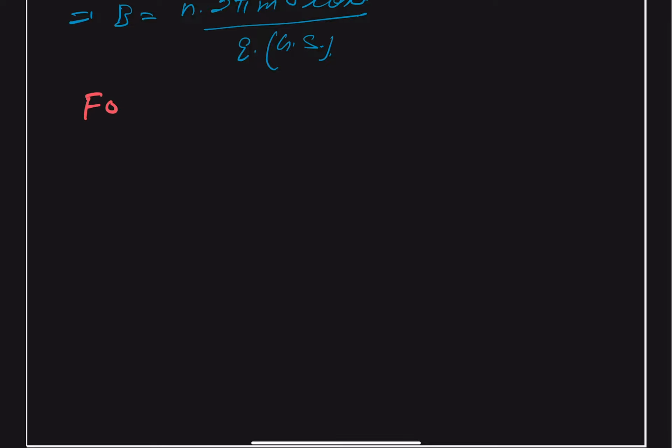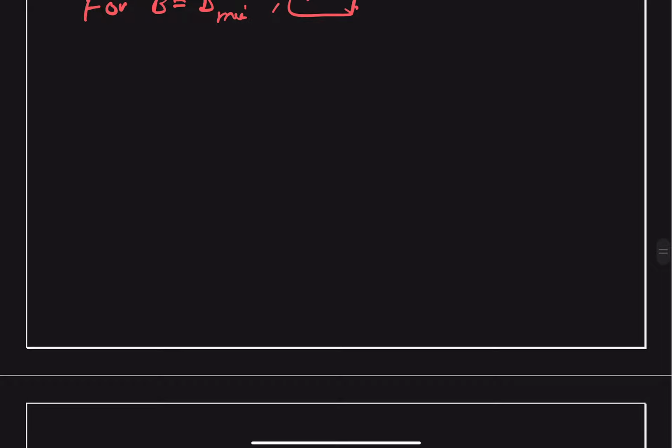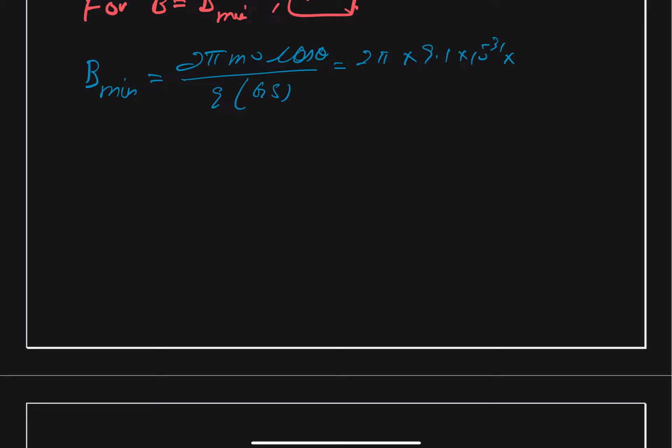For B equal to B minimum, n should be equal to 1. Therefore, B minimum will be equal to 2 pi m v cos theta divided by q multiplied by GS, and we substitute the values. This is 2 pi into 9.1 into 10 to the power minus 31 multiplied by 2.65 into 10 to the power 7 multiplied by cos of 60.